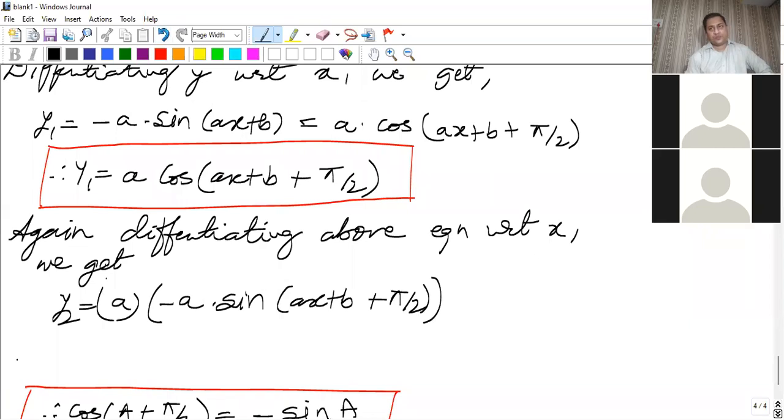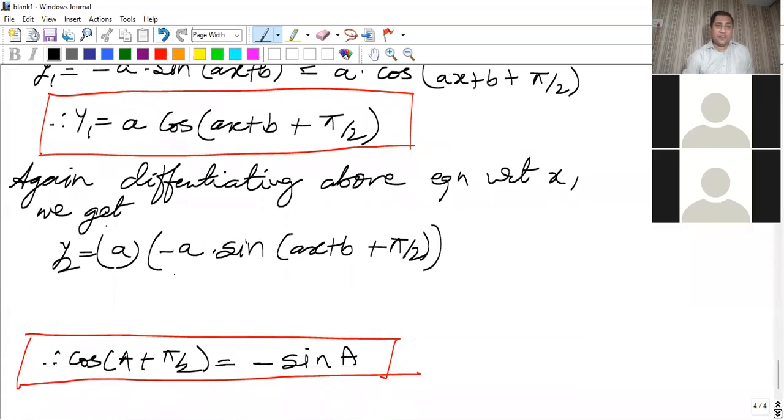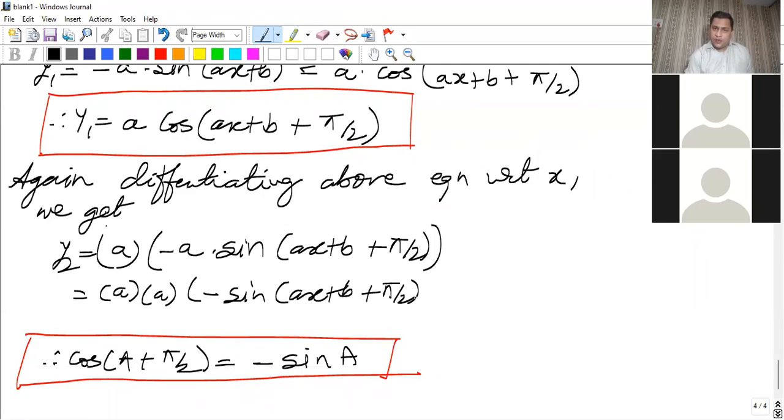Are you getting this? Okay, but what I can do is write this a and this minus sine of ax plus b plus pi by 2, so this is equal to a square cos of ax plus b plus pi by 2 plus pi by 2.